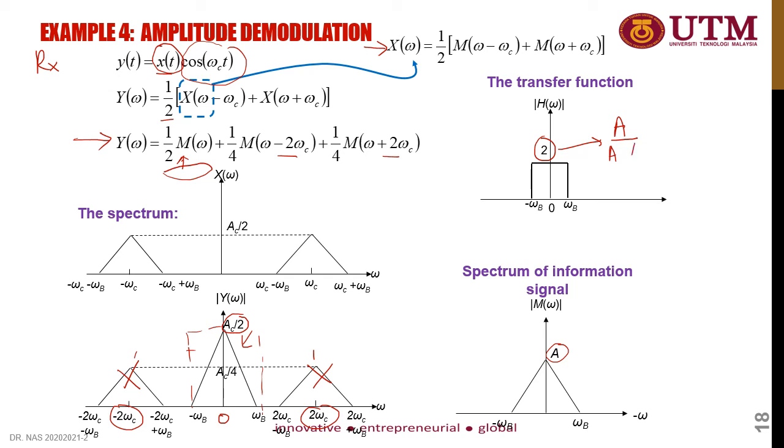AC divided by 2. Now this is supposed to be AC as well, or you can just simplify this into A. So you get the magnitude of the filter as 2, in order to get the amplitude the same as the input signal.